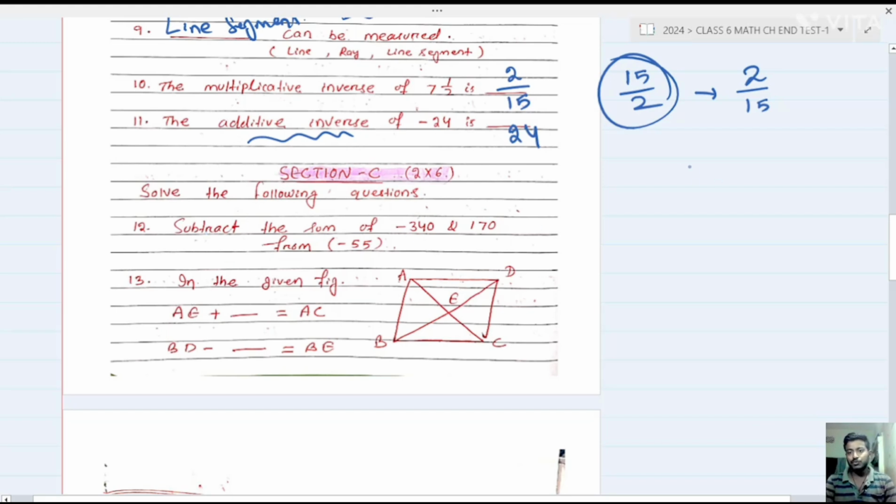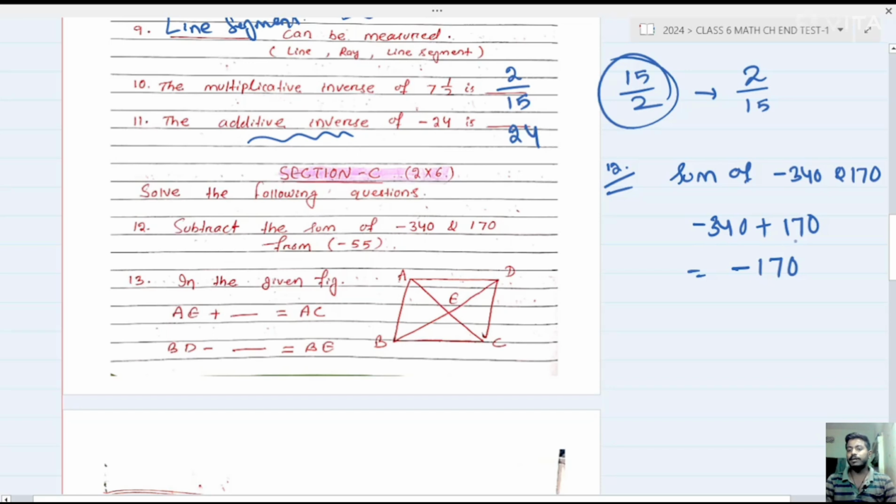Subtract the sum of, first we find the sum. Okay, so question 12, the sum of minus 340 and 170. So first minus 340 plus 170. So minus 170, because different signs, so we subtract.